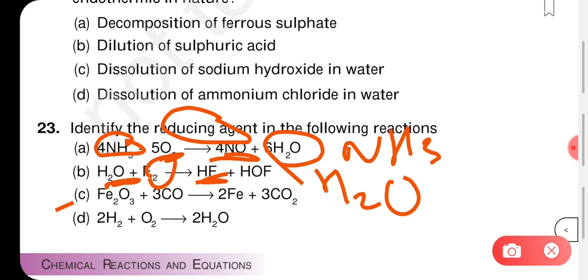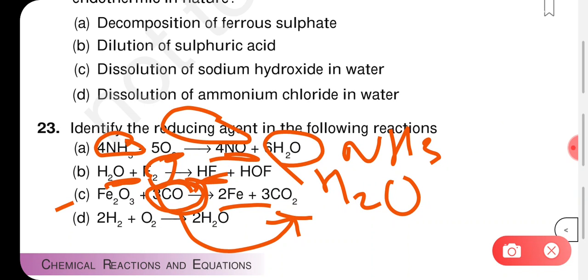Now in the next one, Fe2O3 is reacting with carbon monoxide. Iron is formed and carbon dioxide is formed. It is the carbon monoxide that is getting oxidized, forming CO2.